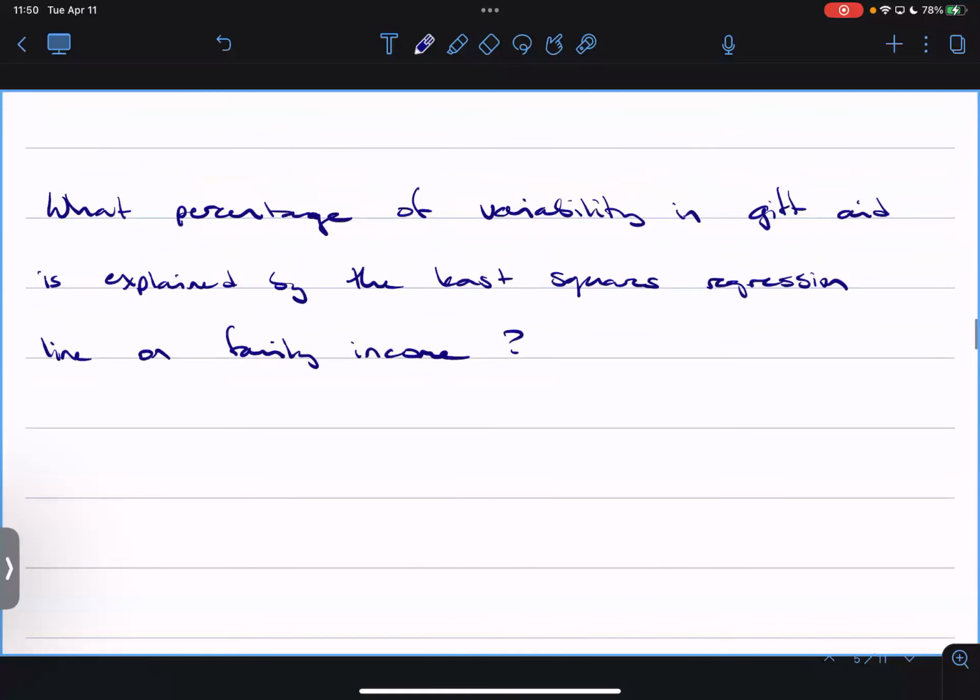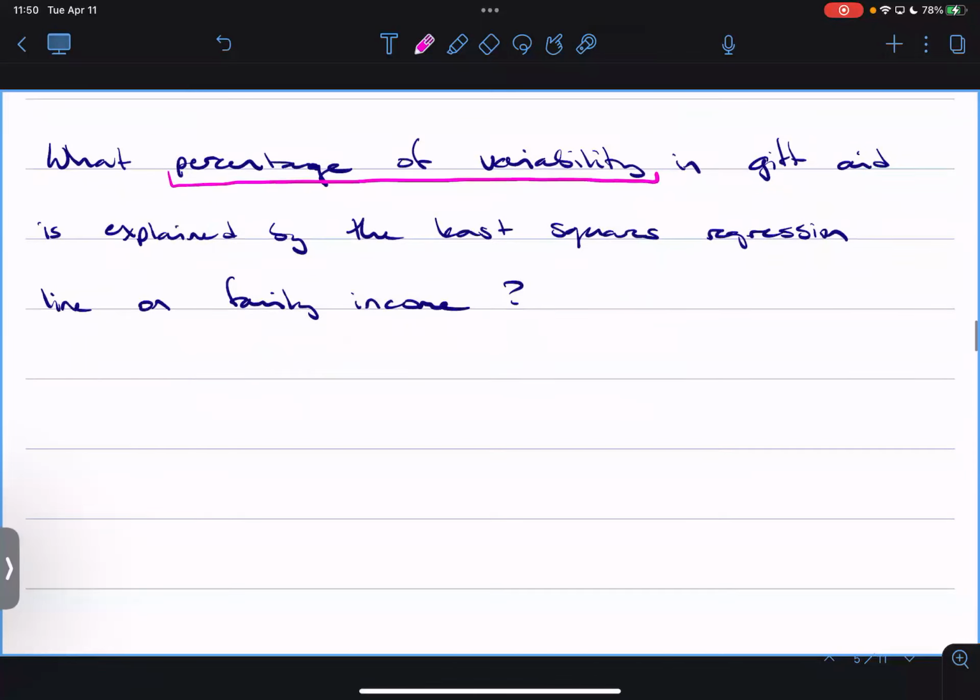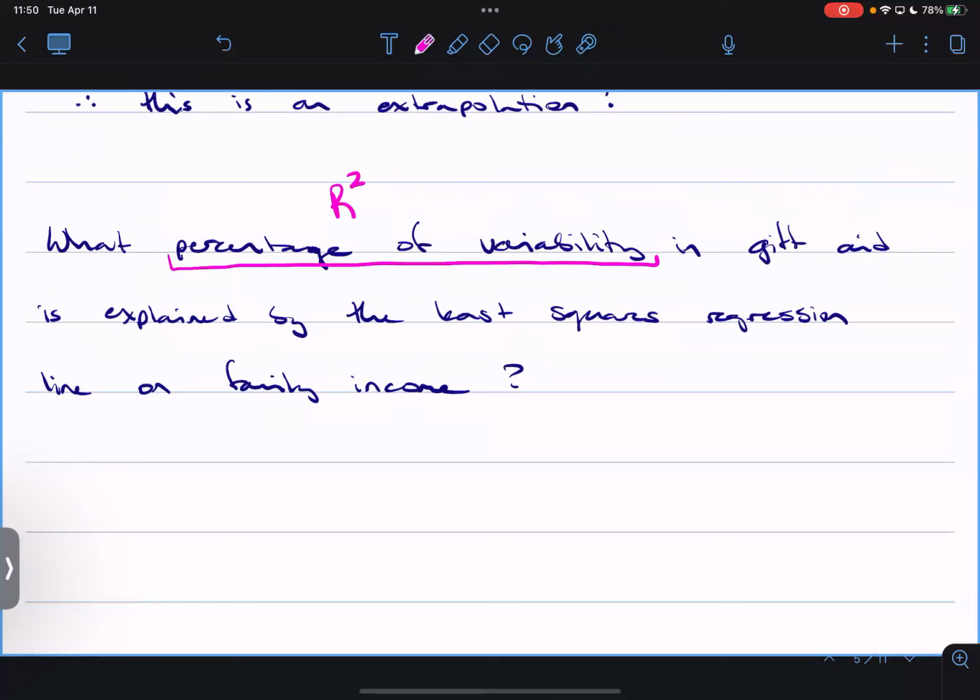This is where I wanted you guys to have this internal trigger, right? If you see proportion of variability, percentage of variability, then you're thinking R squared, right? And we kind of jumped ahead and talked about it because we needed it.